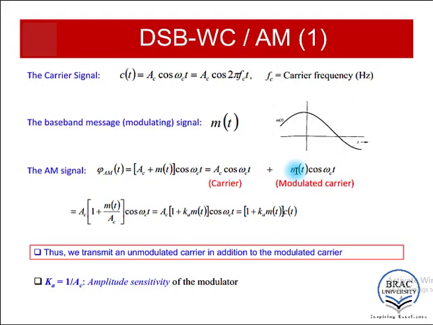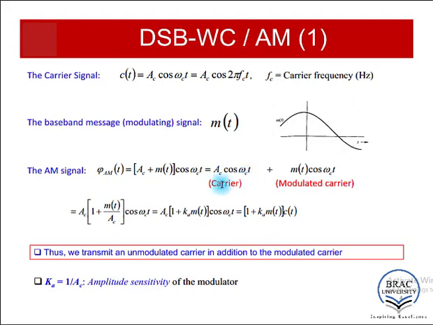Basically, this is a cosine wave which is changing its amplitude according to the message. This portion is called the modulated carrier. This form of amplitude modulation is called double sideband with carrier. Why it is called DSB will be explained in a moment. But now we know why it is called with carrier, because the AM signal contains the important modulated carrier along with the carrier itself.